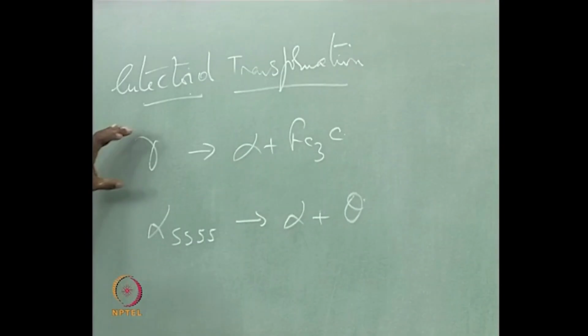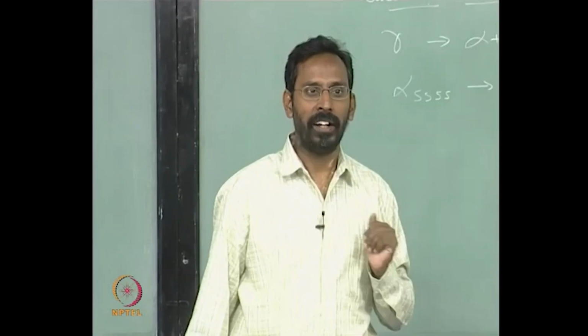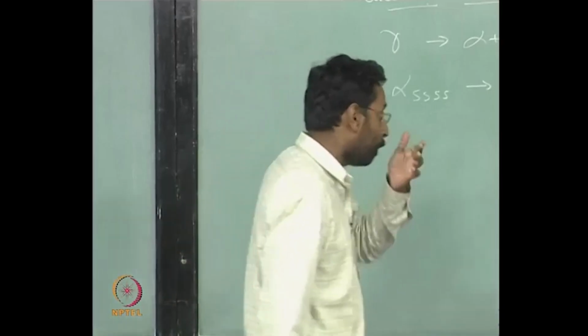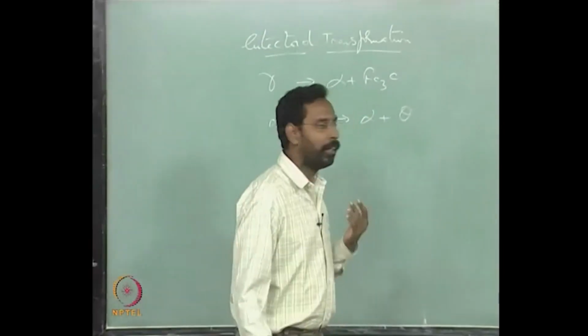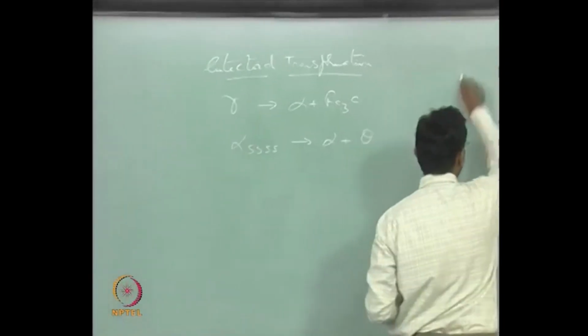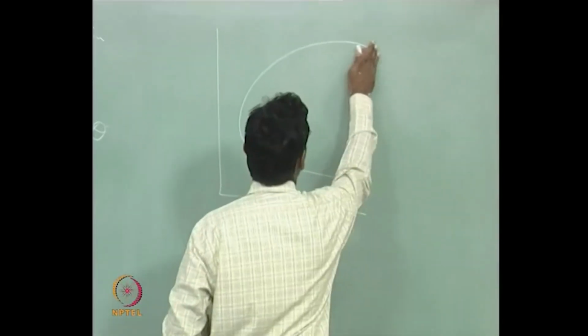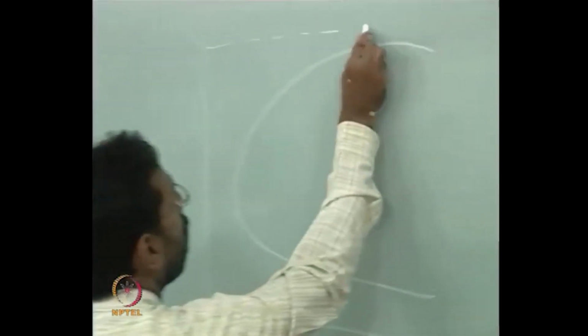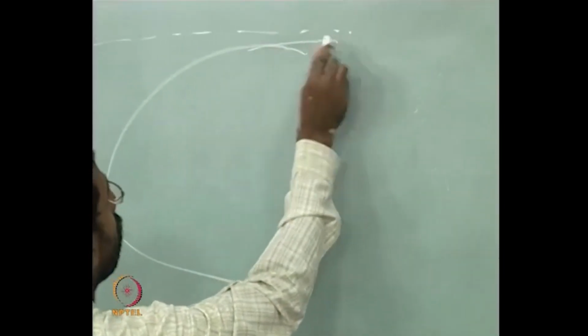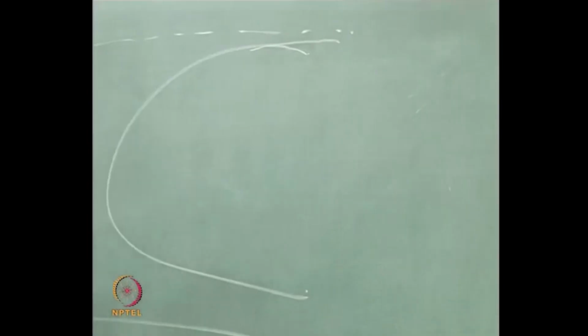If you take the parent phase as gamma, gamma does not remain after the transformation, excepting again if the transformation is not complete. That is where you need to understand that if you go to the TTT diagrams, for example, you look at a diagram like this, where this temperature is what we call the A1 temperature.